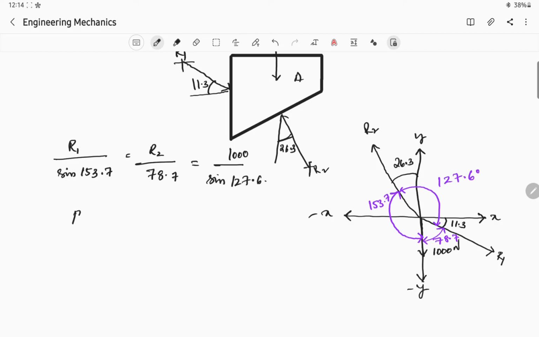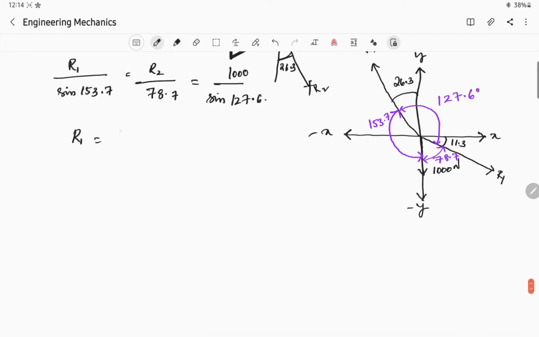So what is the value of R1 now? R1 is equal to 1000 divided by sine 127.6 into sine 153.7.